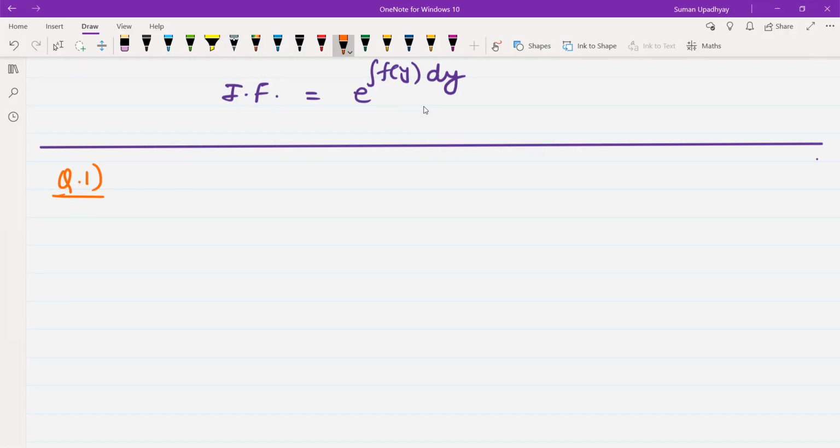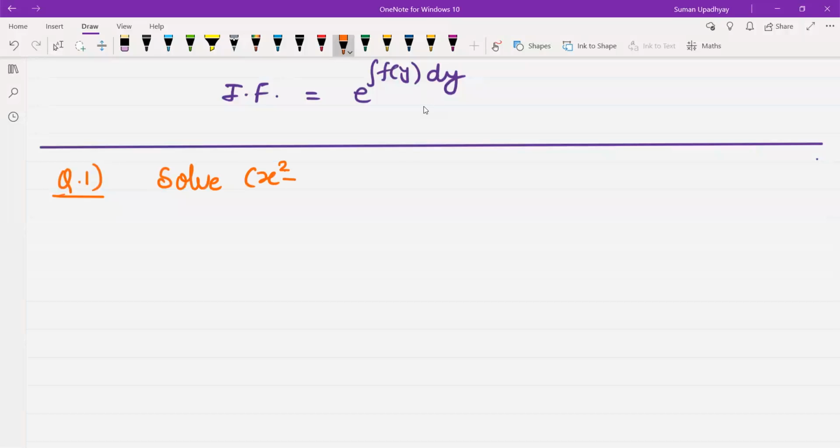Question number 1. If you find any difficulty in understanding any step, do ask me. From the next problem onwards you're going to tell me which rule we are going to apply in that particular problem. So this is my first question.